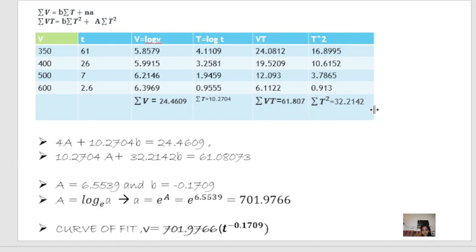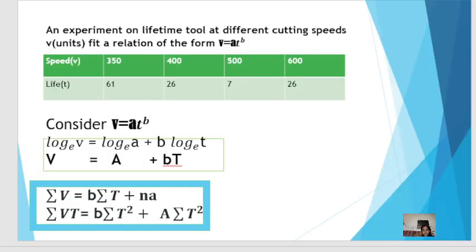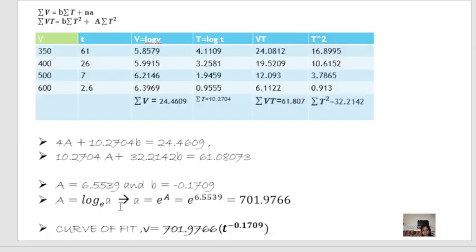Once we are done with all the summations, the next thing is, as we did in the last sum, the same thing we are going to repeat over here. We are going to substitute all these values and then find out the constants A and b. We can't directly write it into the solution because in the equation they had given a small a, but we found the capital A. To find the small a, we are going to take an anti-logarithm here.